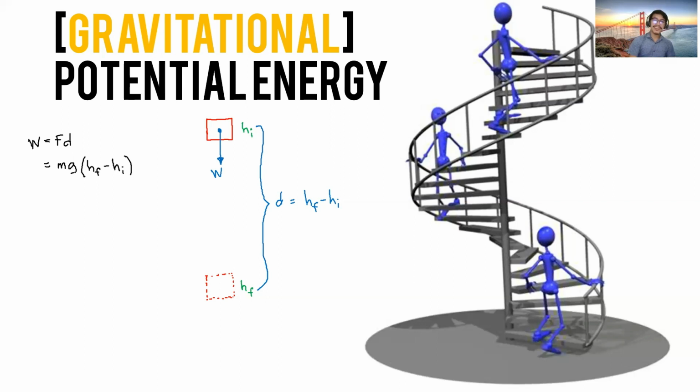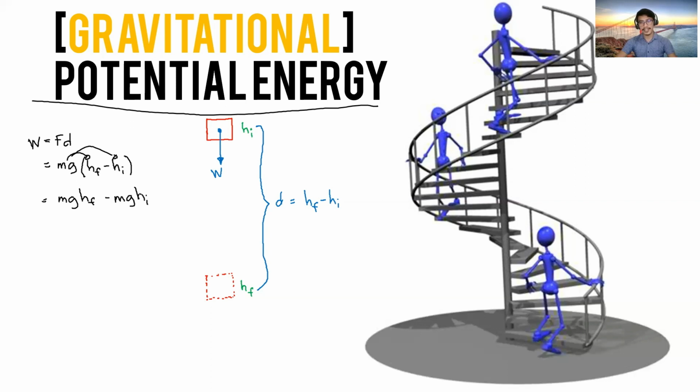Familiar na equation, no? Familiar siya, sir. Siyempre, nakabutang na daan sa title. Diba? Or we can distribute this to this term. That will give us mg hf minus mg hi.